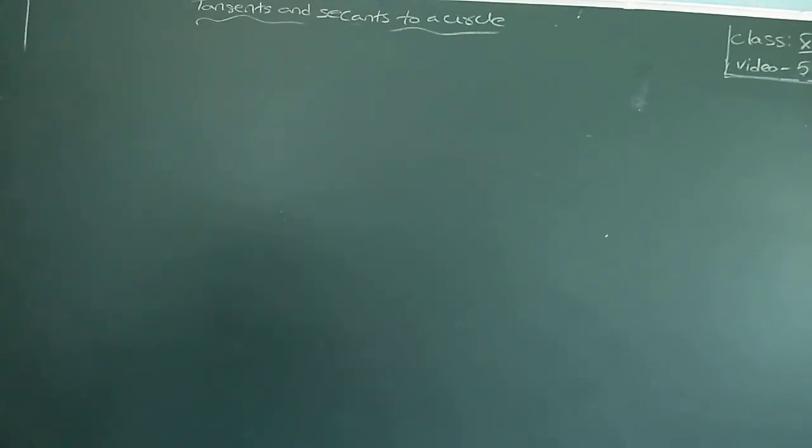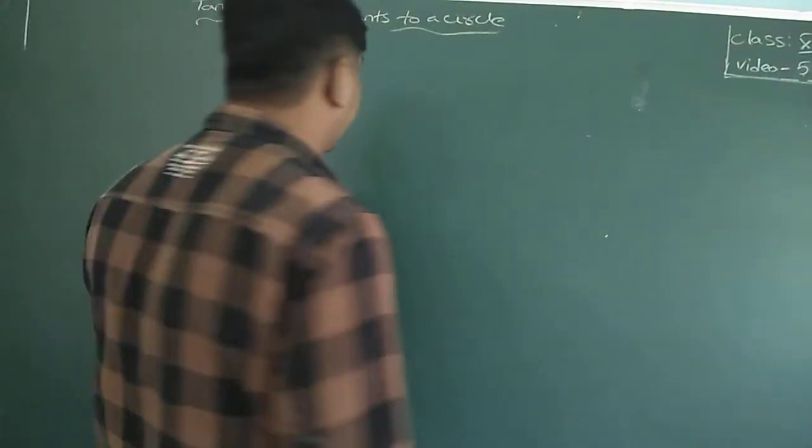Now the next, the last one: prove that the tangents to a circle at the end points of its diameter are parallel to each other.